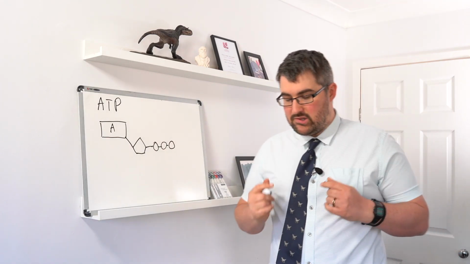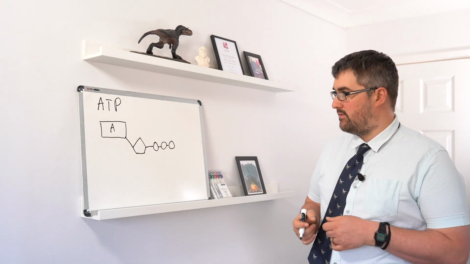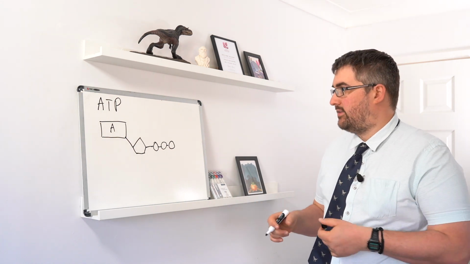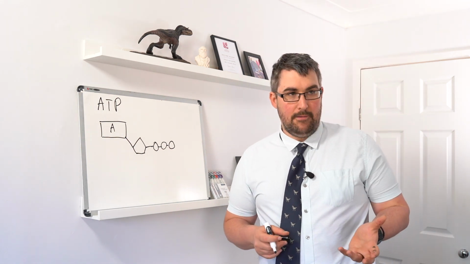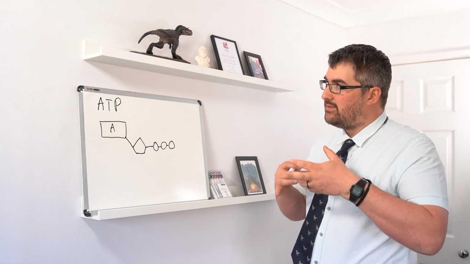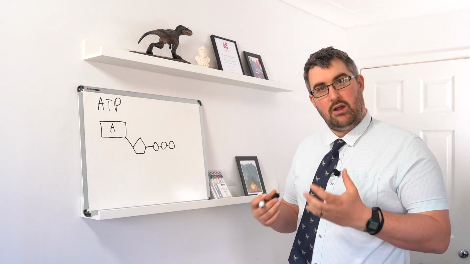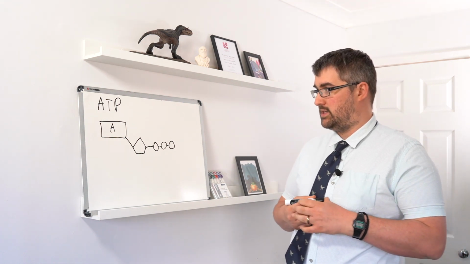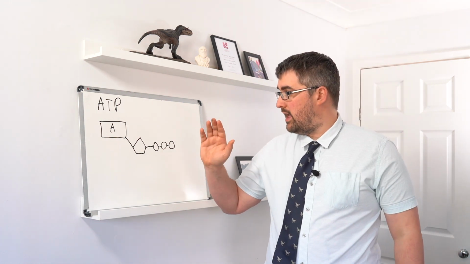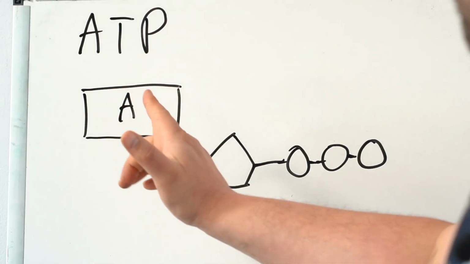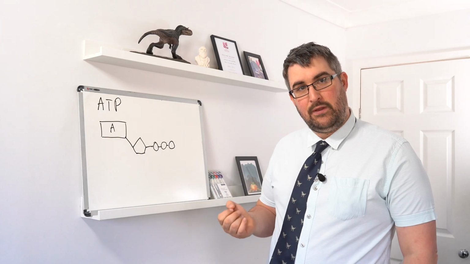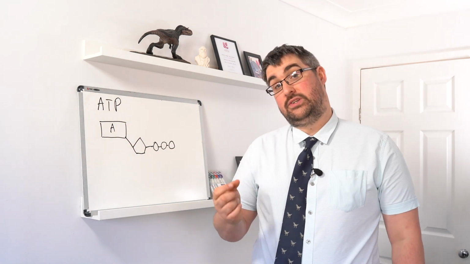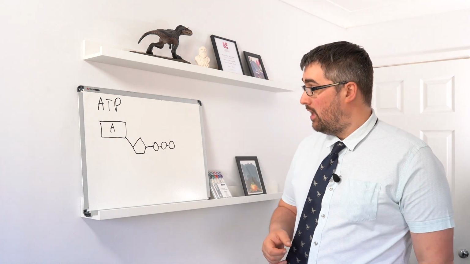So I've mentioned that ATP was a nucleotide derivative. It doesn't form polymers, nucleic acids like RNA or DNA, but it is very similar in structure to our general nucleotides, but it has a very, very different function. So let's look at the structure of it first of all. First thing to note is it has a nitrogenous base, specifically in this case adenine, always adenine, hence the name ATP, which stands for adenosine triphosphate.